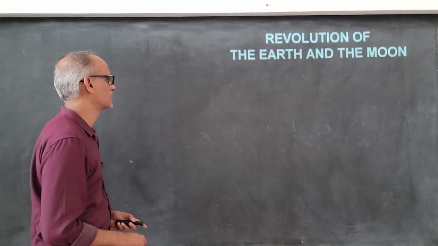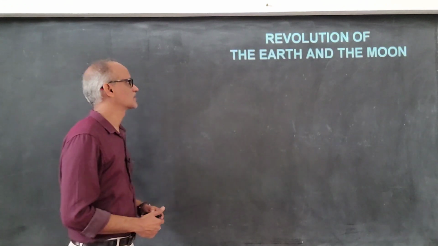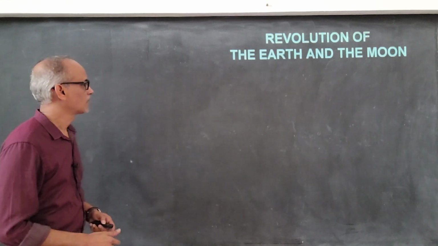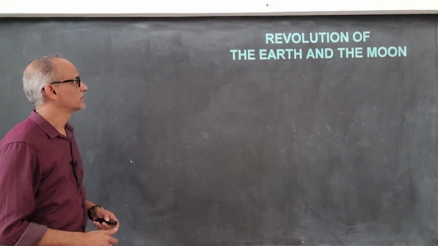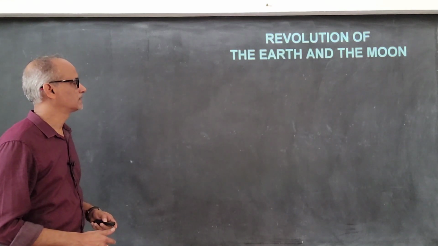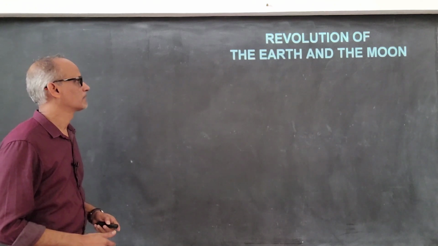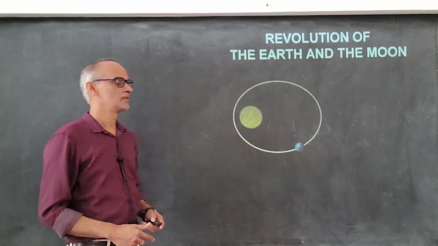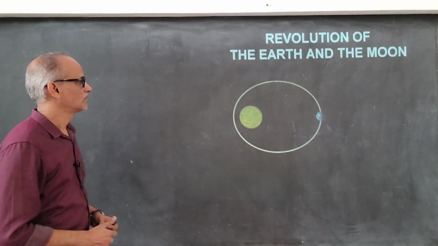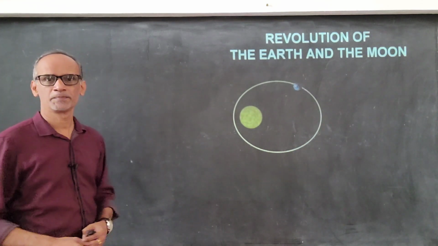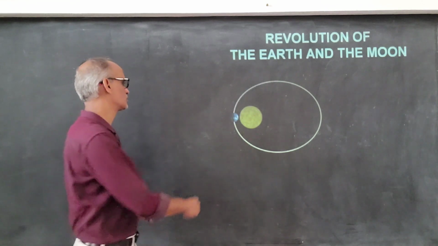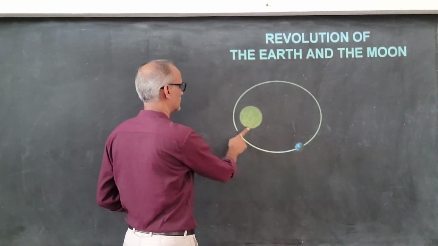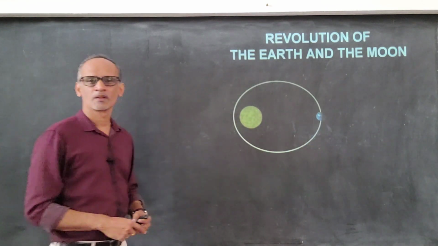I am going to start with the illustration for this chapter. The first illustration that I am showing is the revolution of the earth around the sun and the revolution of the moon around the earth. What we notice here is the revolution of the earth around the sun.